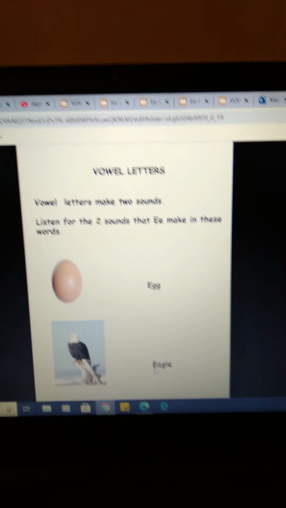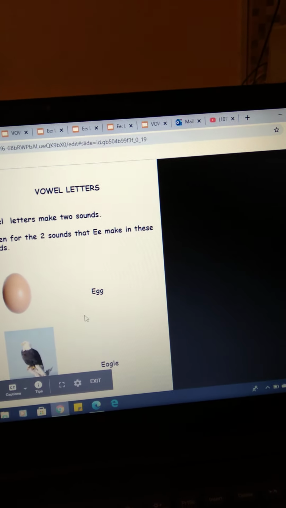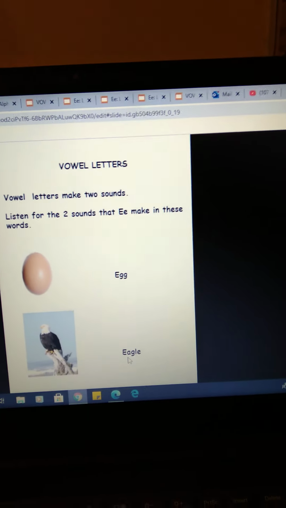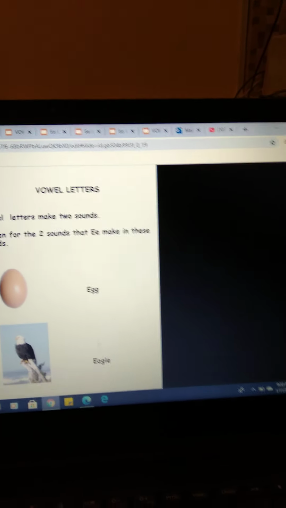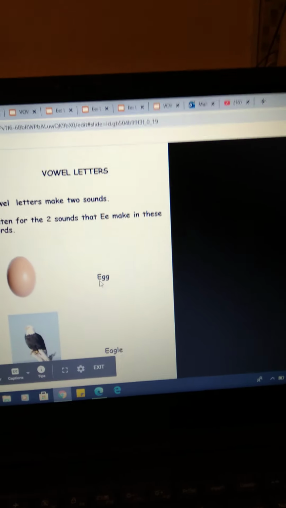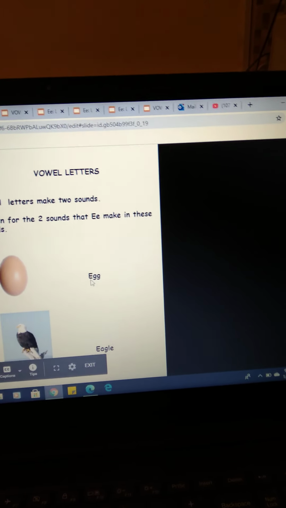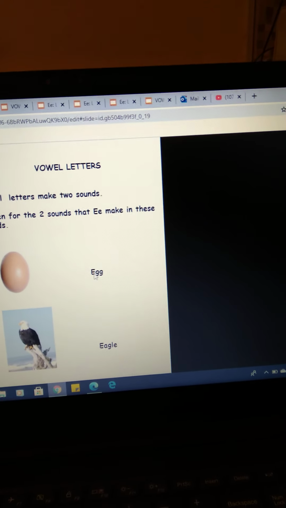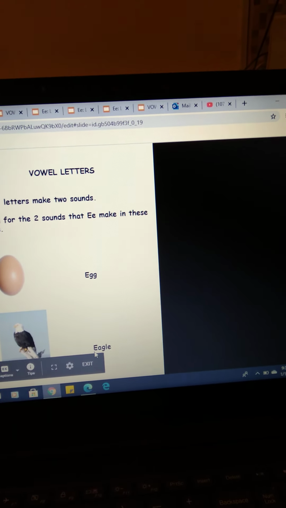This is the letter E, and you know what sound it was making in this word? It was saying its own name, but up here it's making another sound. It's not saying E, it's saying eh. So E can say eh, and it can say its name.